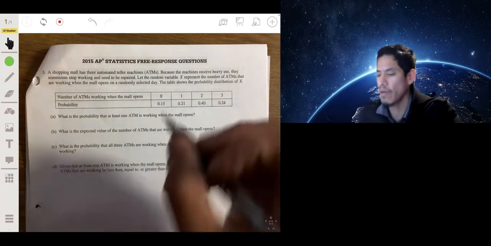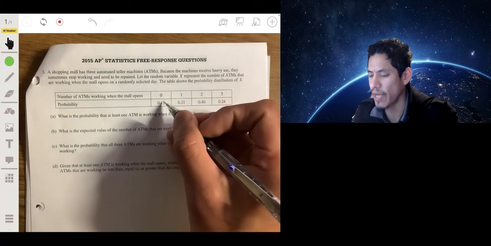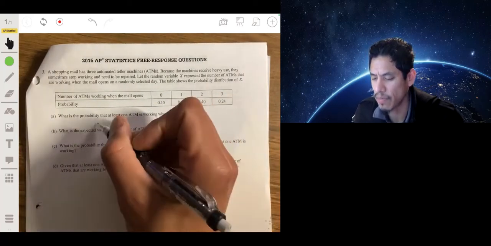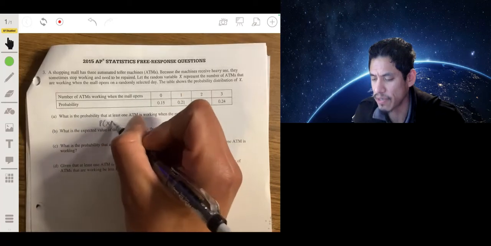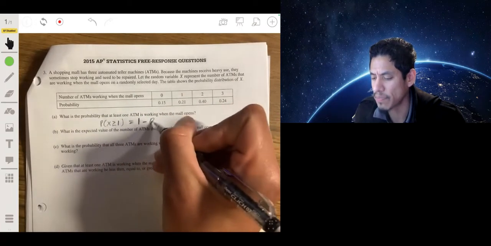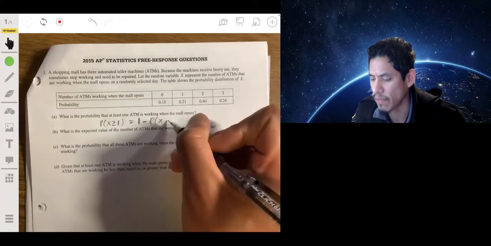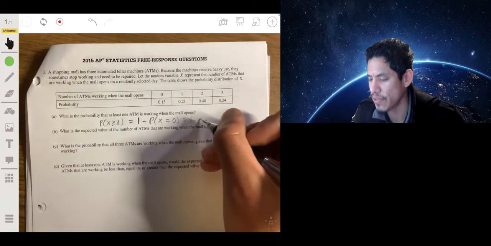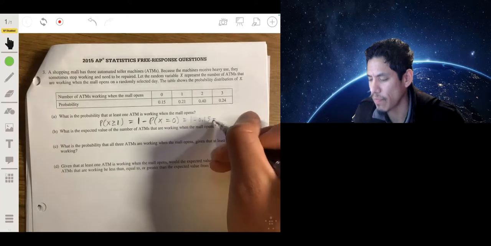The probability that no ATMs will work is 0.15. So the probability that x is greater than or equal to 1 is equal to 1 minus the probability that x is equal to 0. So 1 minus 0.15 is 0.85.